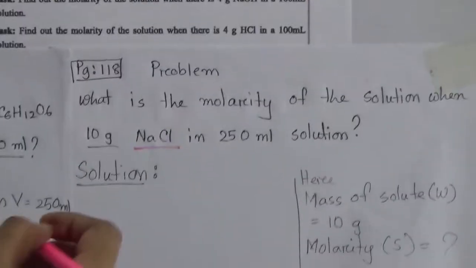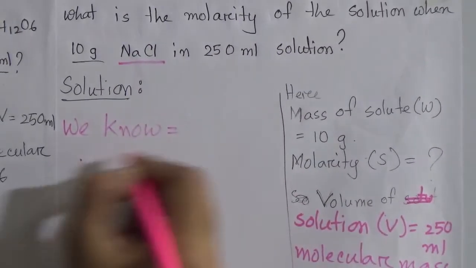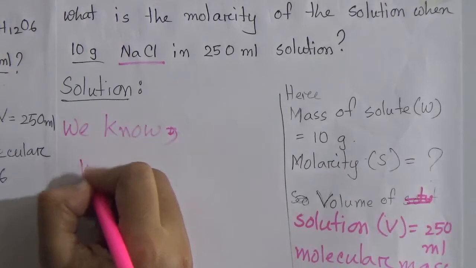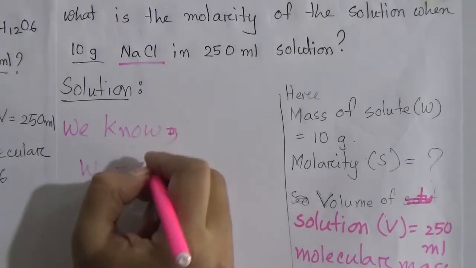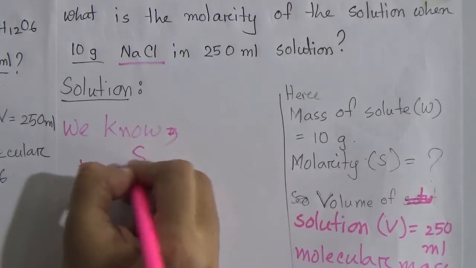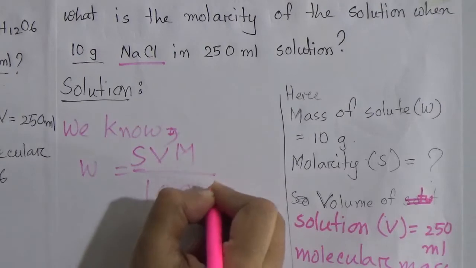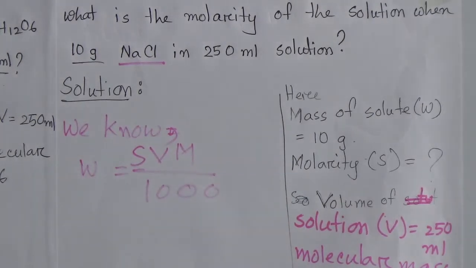Now we will solve the problem by using the formula. We know W is equal to SVM divided by 1000. This pen's ink is also going.